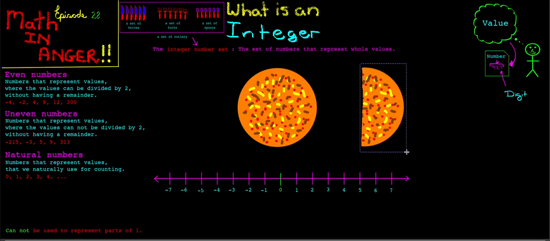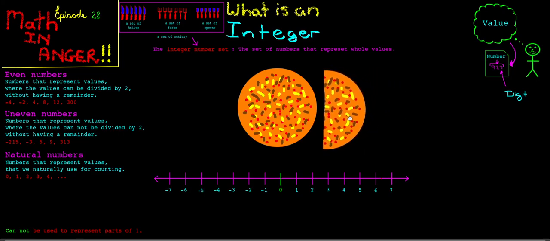That, of course, is 1.5 pizzas. But you see, we can no longer represent this situation with a whole number. Or more correctly, we can no longer represent this situation with an integer.